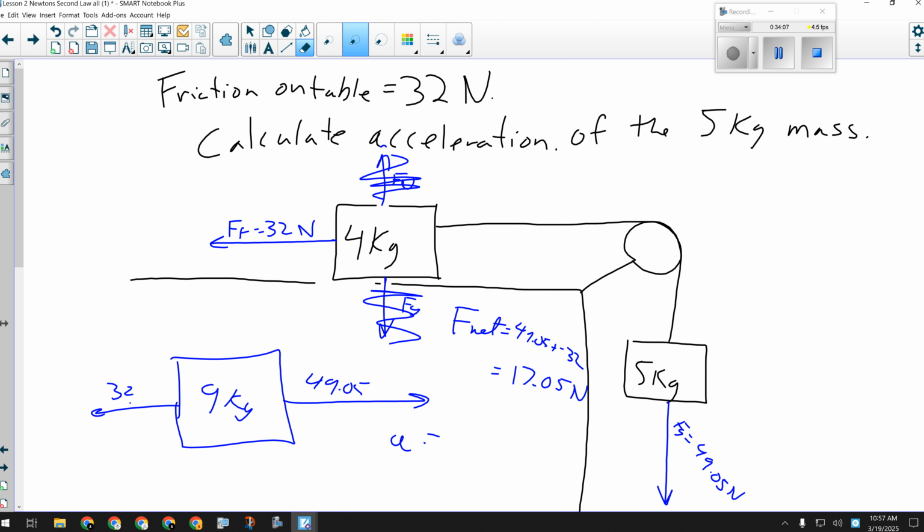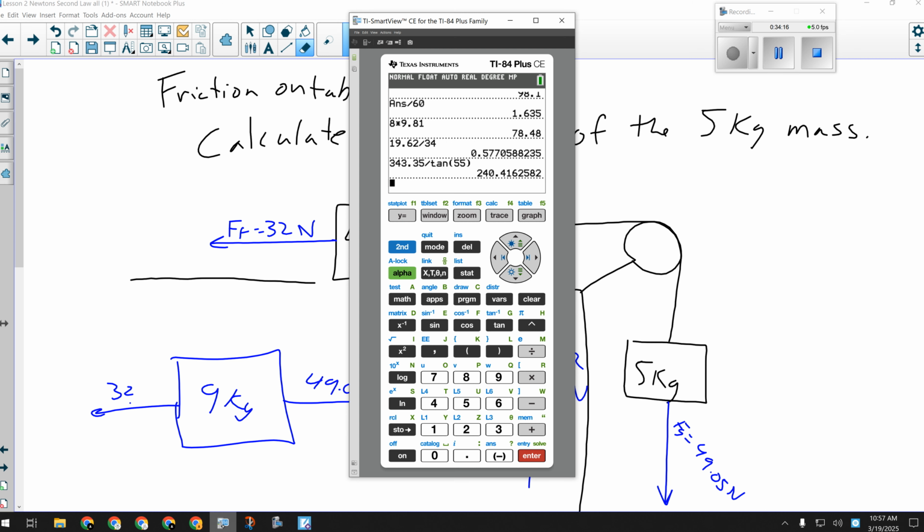Okay, acceleration, F net divided by m, 17.05 over 9. Okay, so the magnitude of the acceleration here is going to be 1.894 meters per second squared. But this question asked about the 5 kilogram mass.